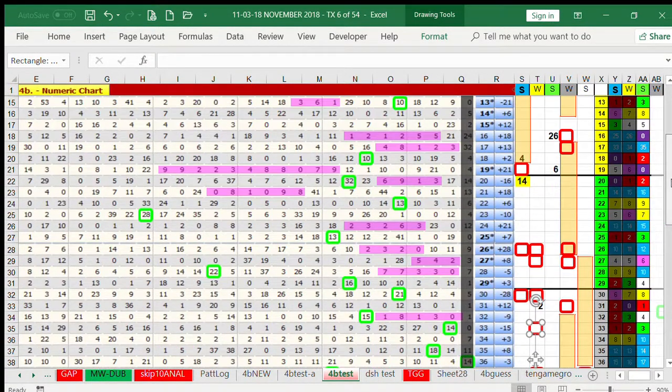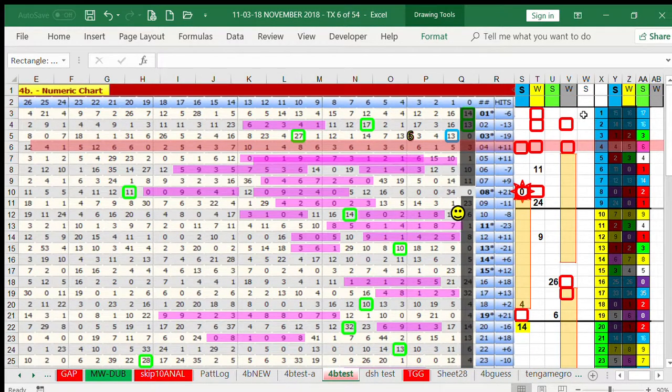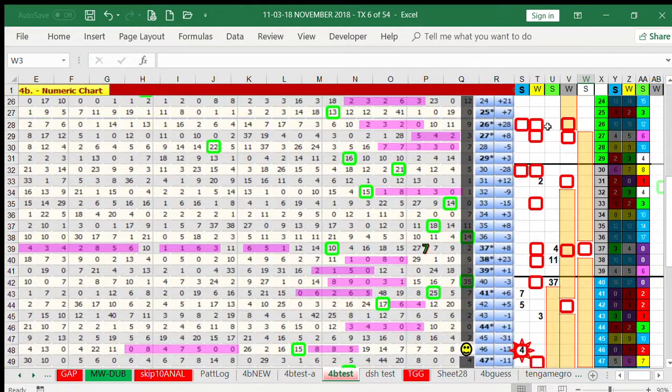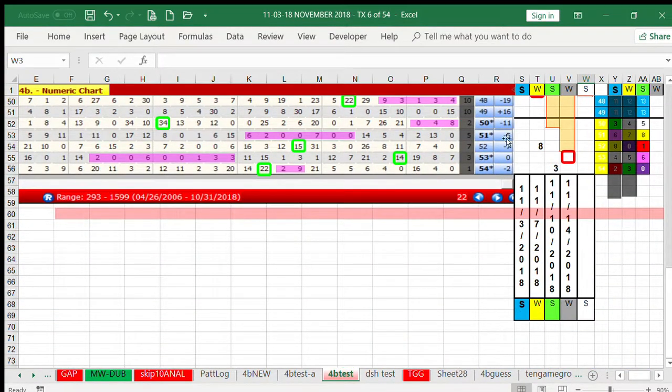Now, if you count all of the red boxes for Wednesday, right, all the red boxes that I've already previously picked, and add them all together, you have 1, 2, 3, 4, 5, 6, 7, 8, 9, 10, 11, 12, 13, 14, 15, 16, 17, 18, 19.